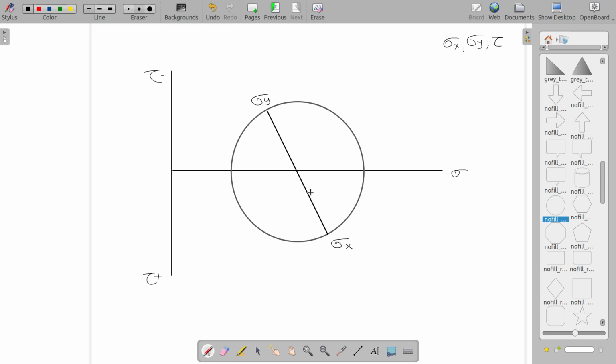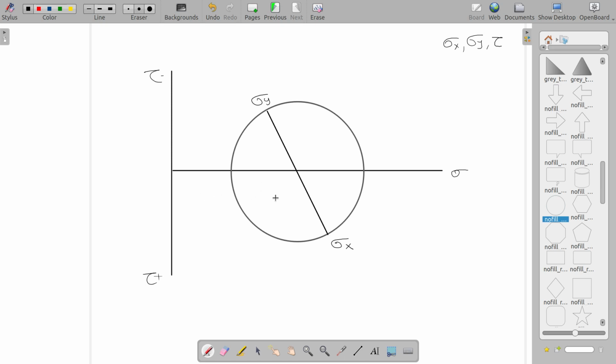So the principal stresses are the maximum and minimum values of stress. So the maximum value will be here and minimum value will be here. So to get there, we need to rotate this by a certain angle.